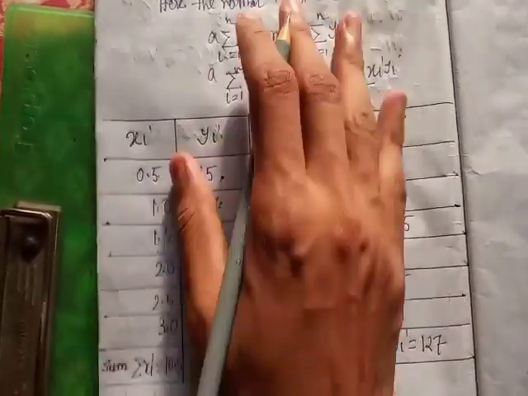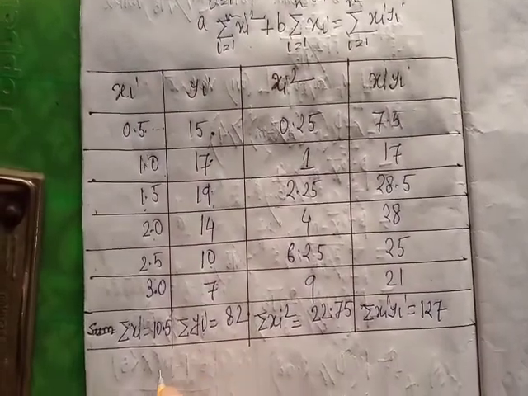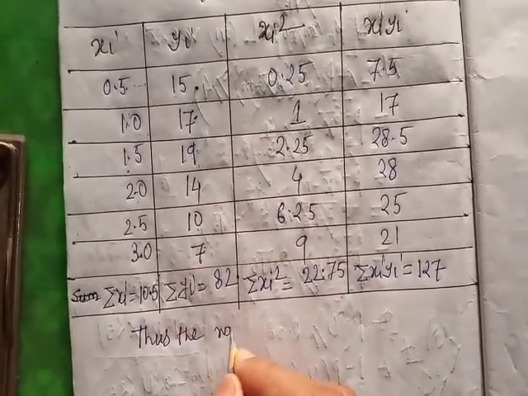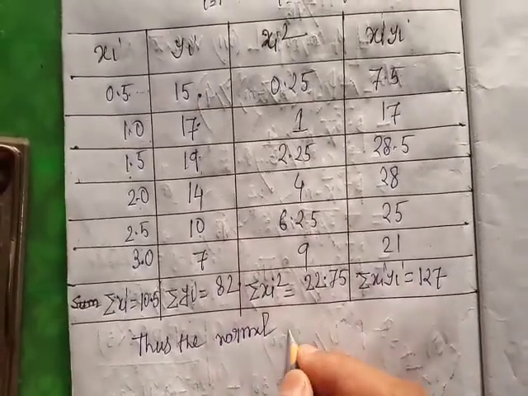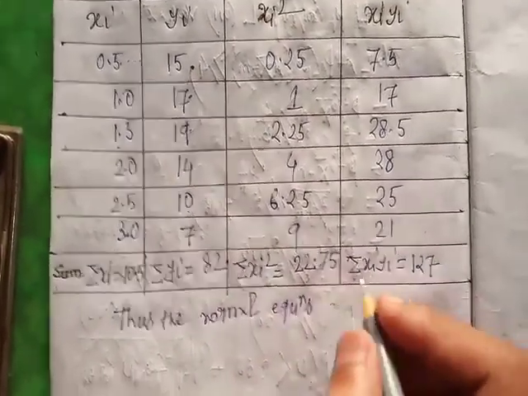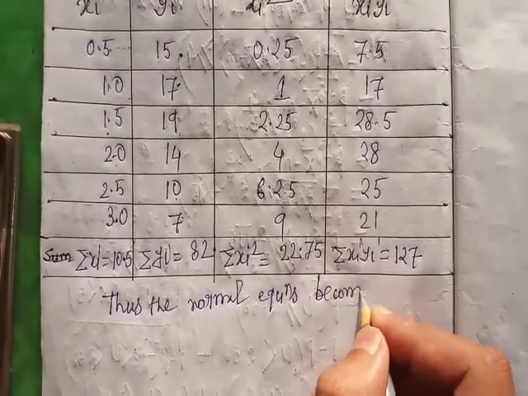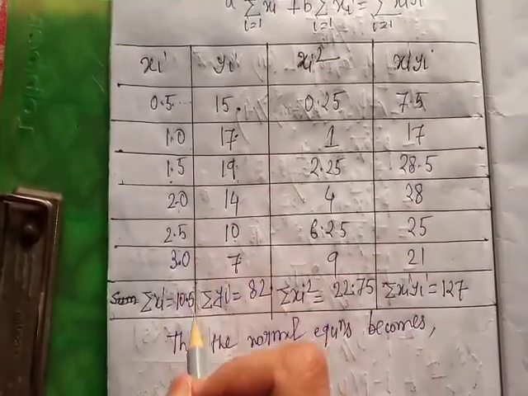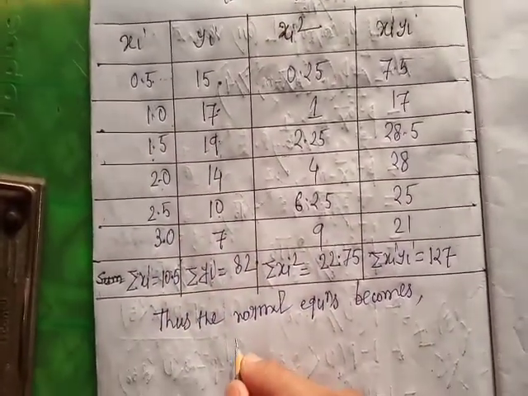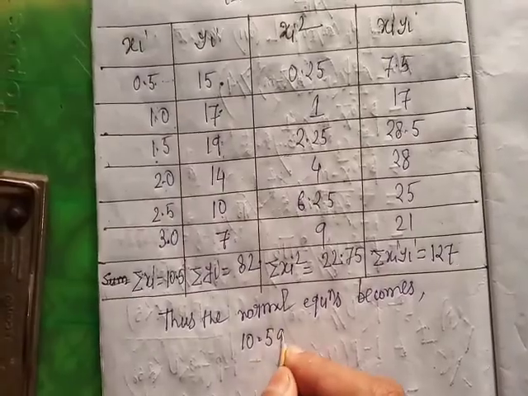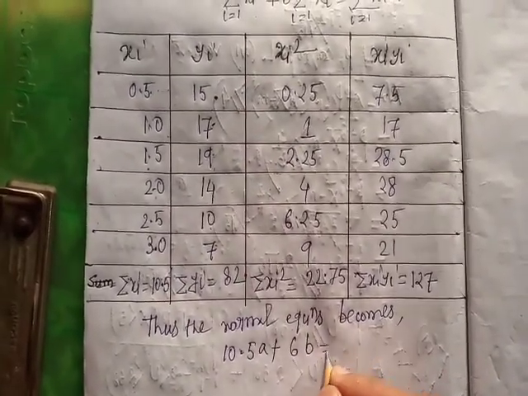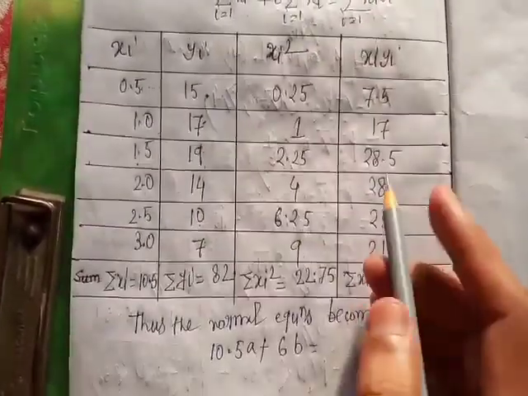So the normal equation are these. We put these values here. The normal equations become: a into summation xi, and summation xi is 10.5, so 10.5 into a plus nb. Here n is 6, the number of data, so 6b equal to summation yi, which is 82.